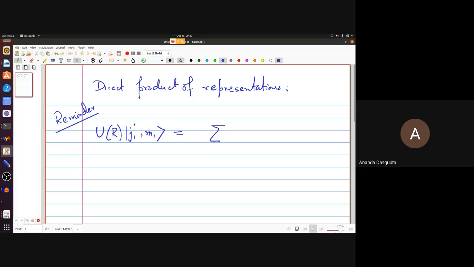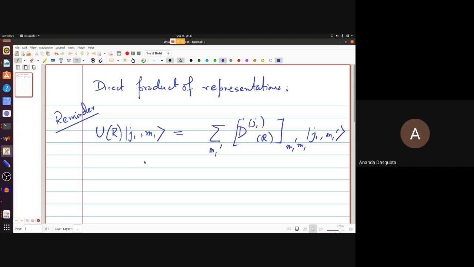Now I'm just quoting results which you must know in some language or the other, maybe not precisely in this language. So you're going to get some matrix which depends on J1, depends of course on the rotation, M1 prime M1, J1 stays the same, M1 prime.